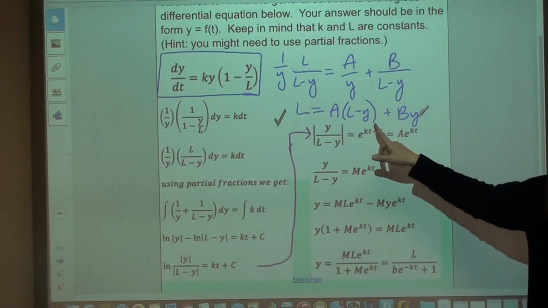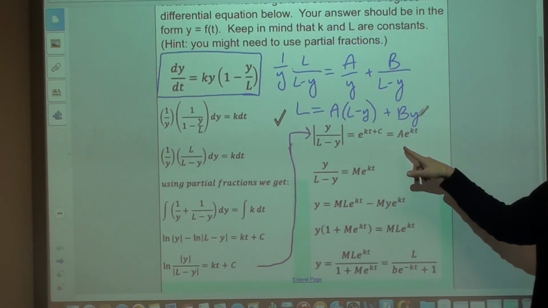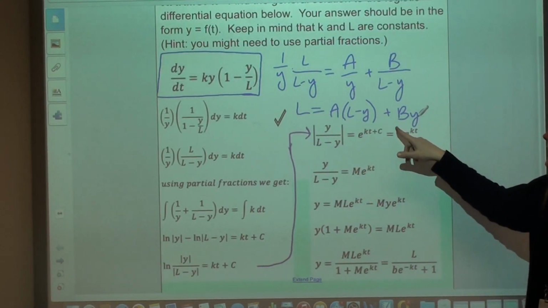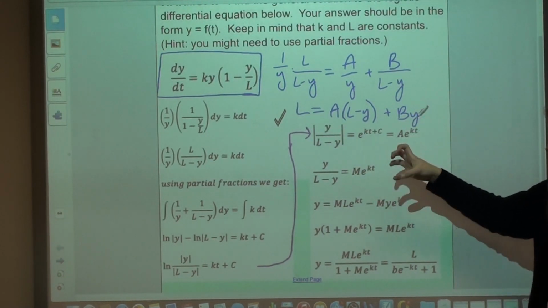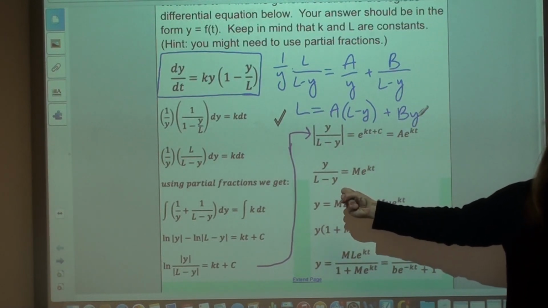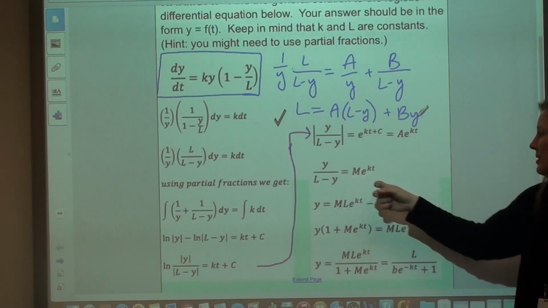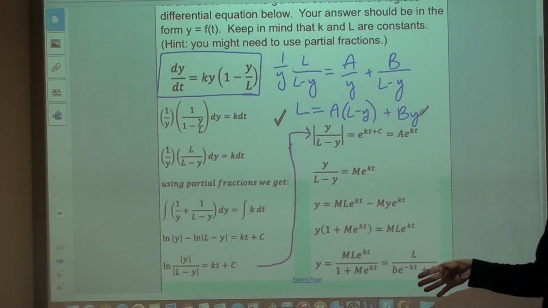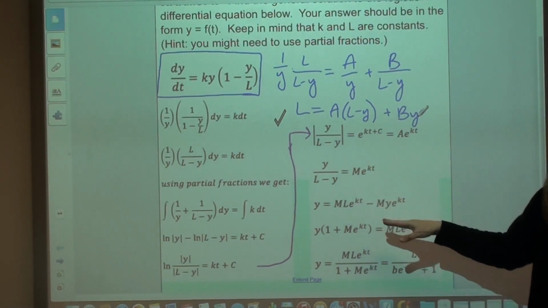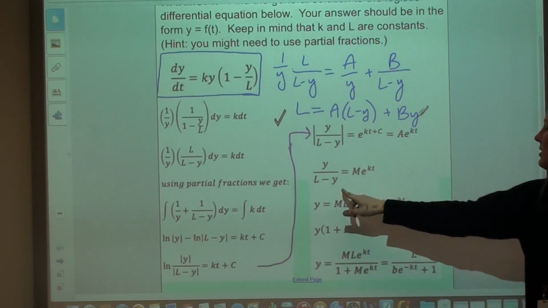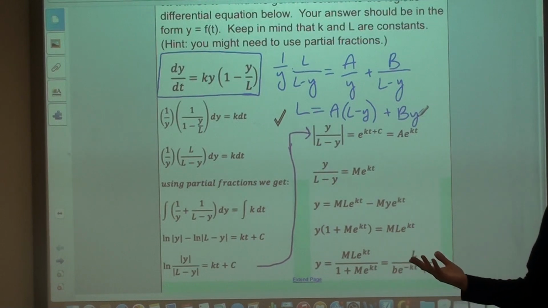It's e to the c, so I replace it with a new name and I call it A. And then when I drop the absolute value and have that plus or minus on this side, which gets absorbed into yet another new constant, which I call M, I like M because then you have me, right? I love this because you have me and mine. So anyway, I change constant names. If you just do C, C, C, C, C, I won't mark you off.